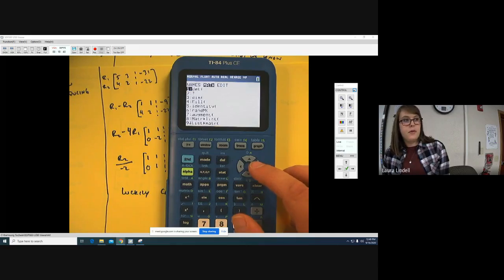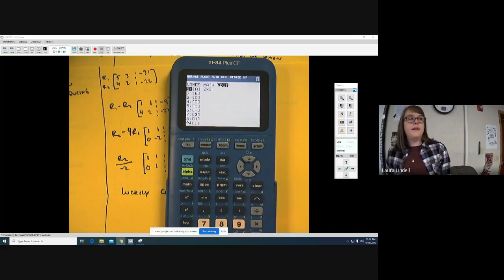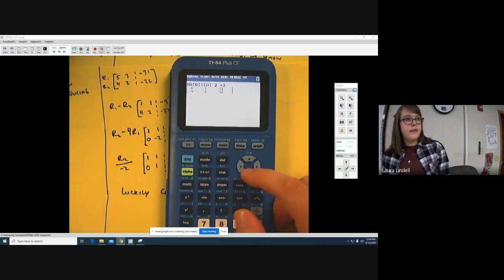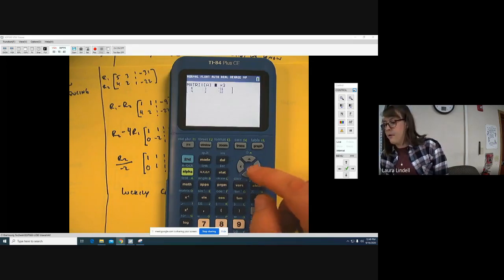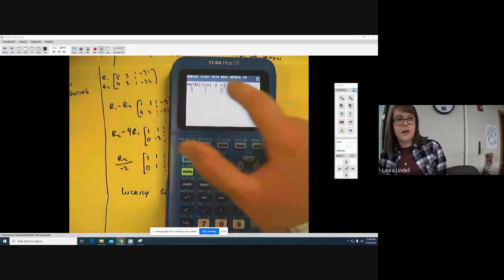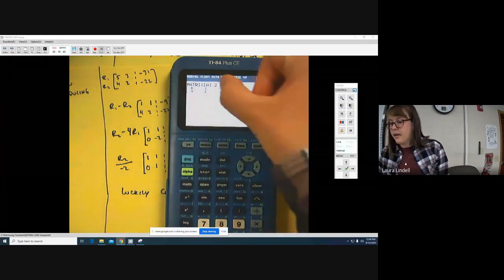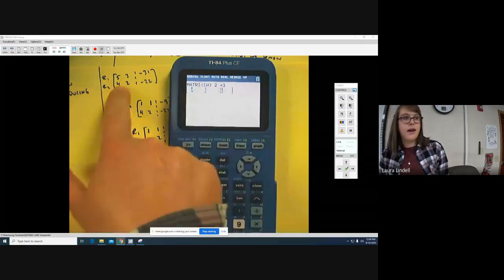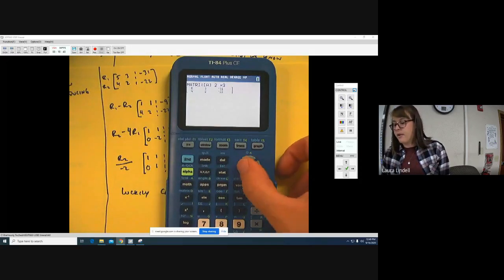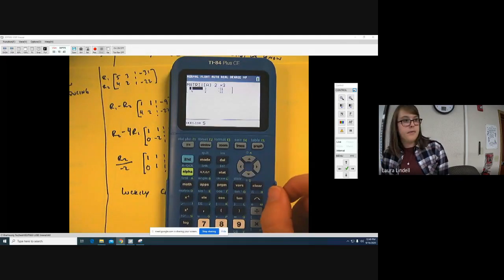Okay. Then you want to go over to edit, and under matrix A, hit enter. I've already put in this matrix that we've been using, but if you're putting a matrix in your calculator for the first time, you want to change the dimensions up here. So we want a 2 by 3 in order to accommodate what we've got going here. So type in 2 and 3, and then come down here.